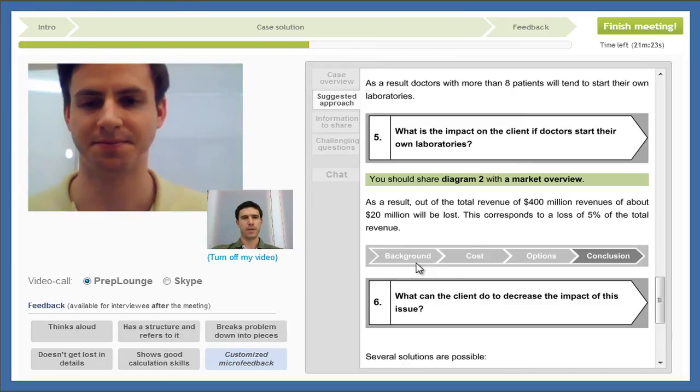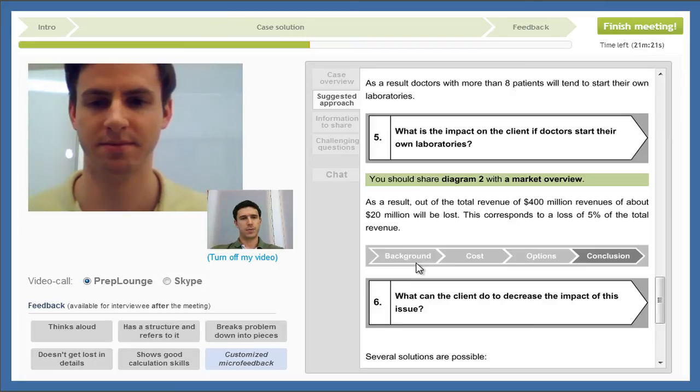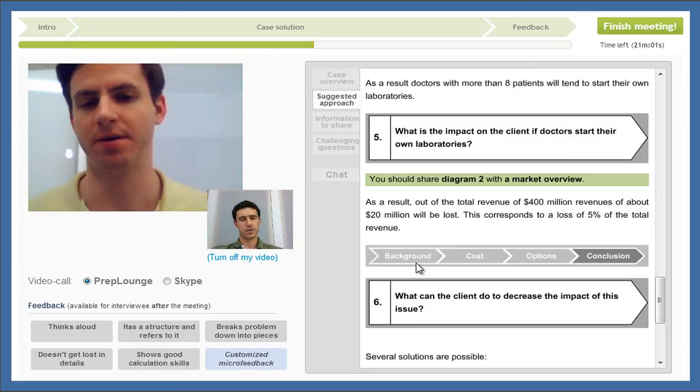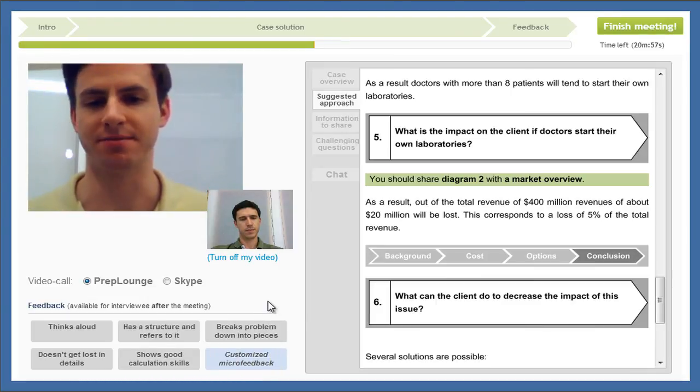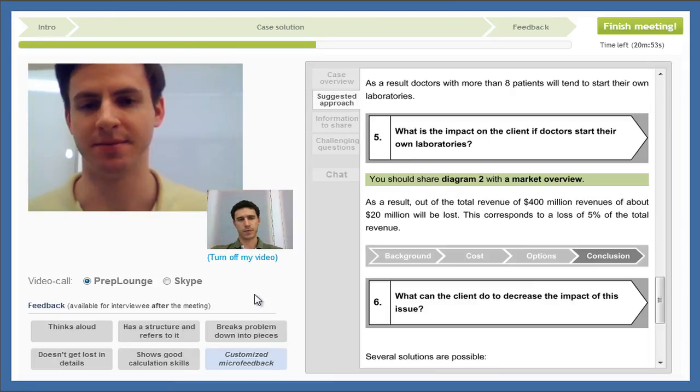So what percentage of the revenue would we lose to those doctors opening labs? With having in mind that not all doctors will open the lab, it is less than 3%. Okay, 3 or 4%.